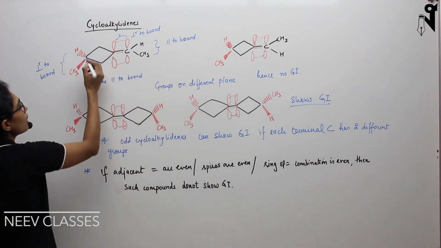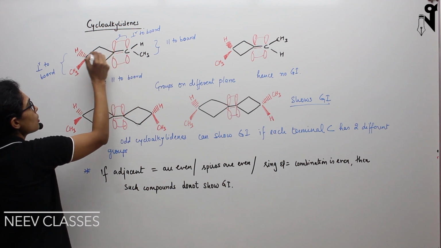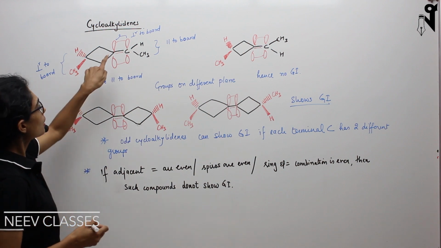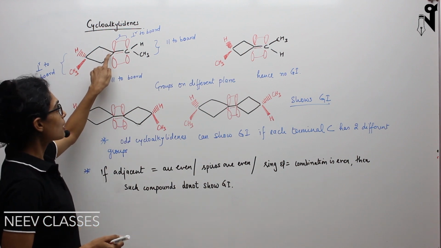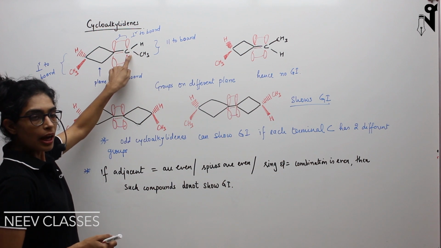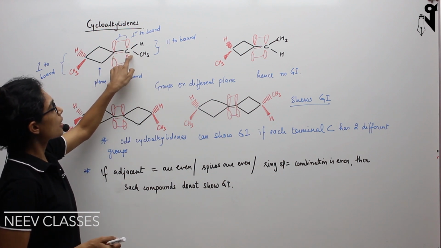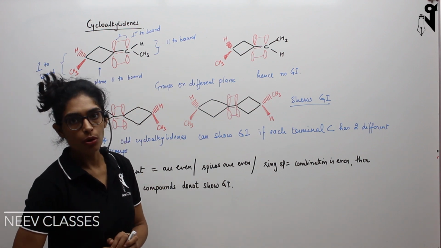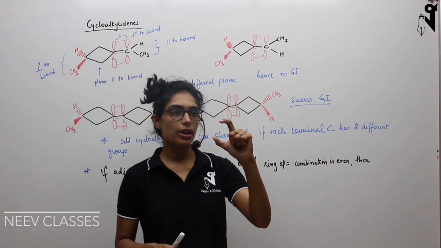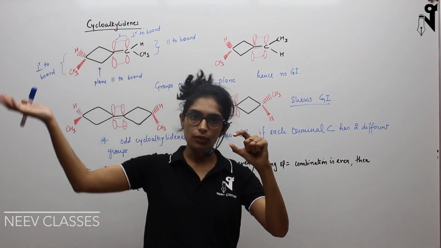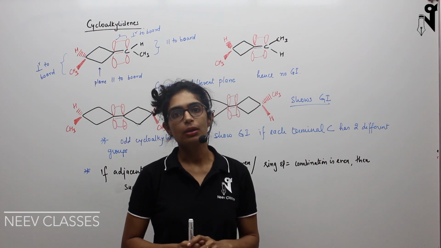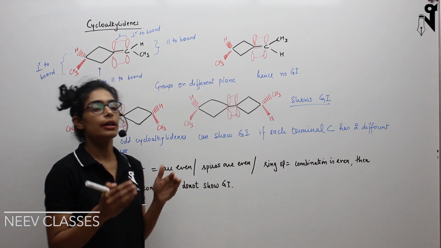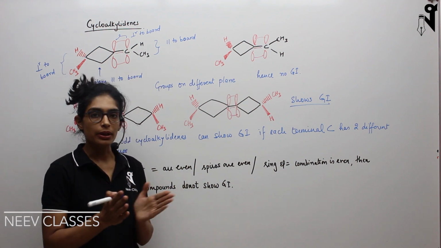Basically, a carbon on the cyclic chain is also forming a double bond with the next carbon, which may be part of a cyclic ring or maybe an independent carbon altogether. So when cyclic chain carbons form a double bond with the rest of the chain, such compounds are called cycloalkylidenes.